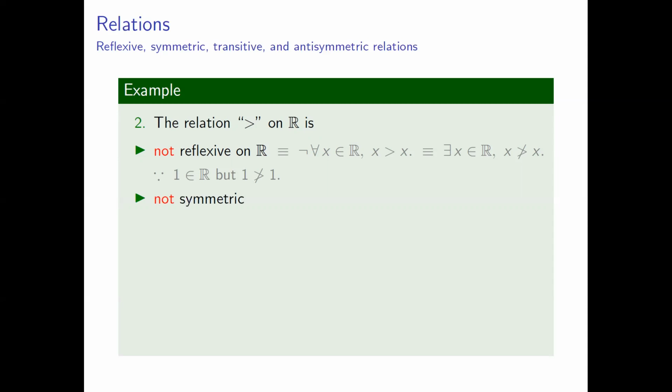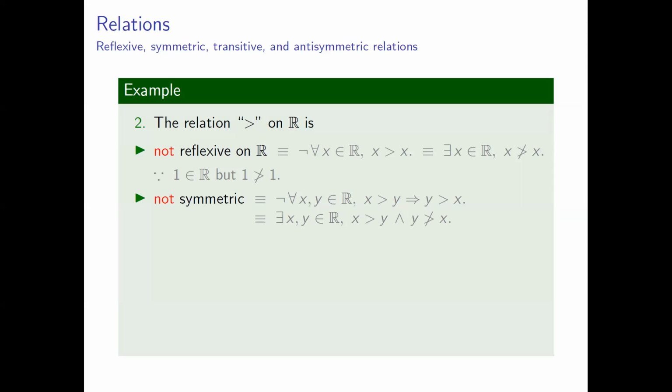It is also not symmetric on R. That is, it is not the case that for every real numbers x and y, if x is greater than y, then y is greater than x. That is, for some real numbers x and y, x is greater than y, but y is not greater than x.